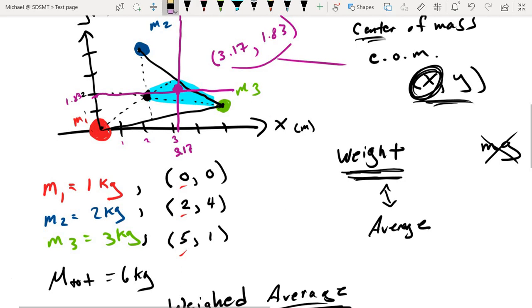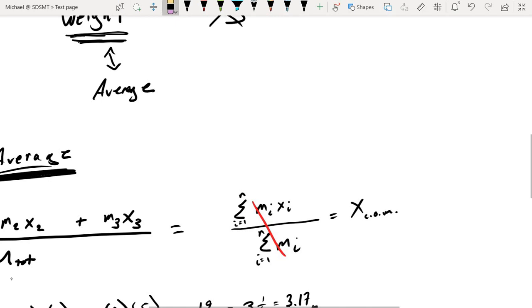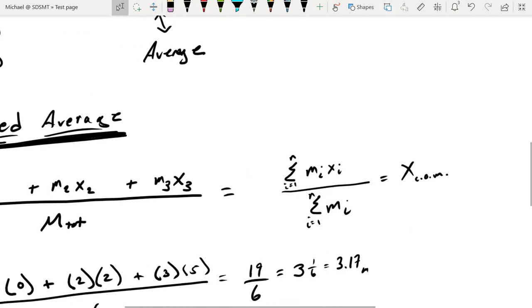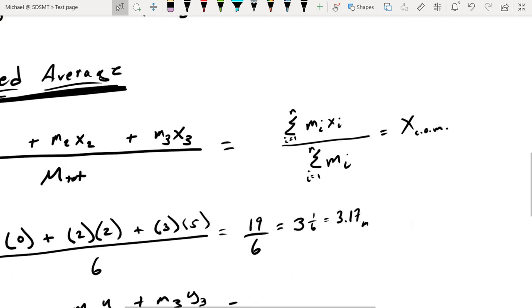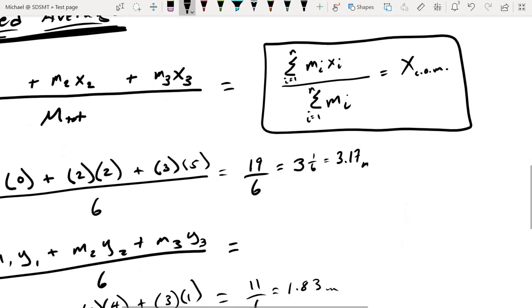We need to keep in mind that we need to complete each individual summation before we start tackling any of the division. So summations first, and then division.